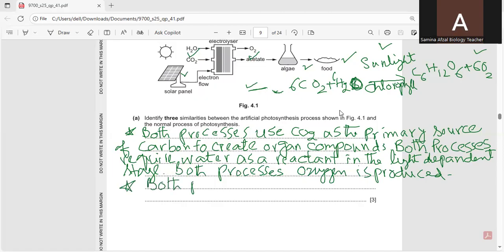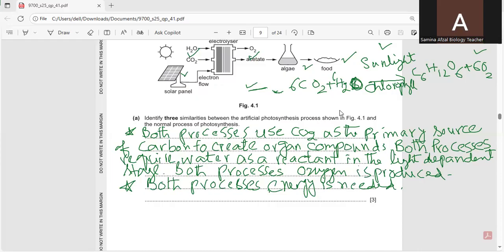Both processes, energy is needed. So we can write the first three.